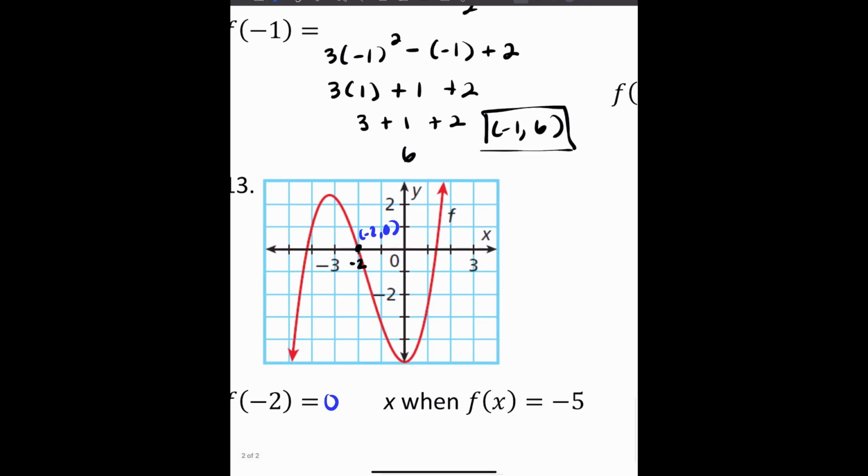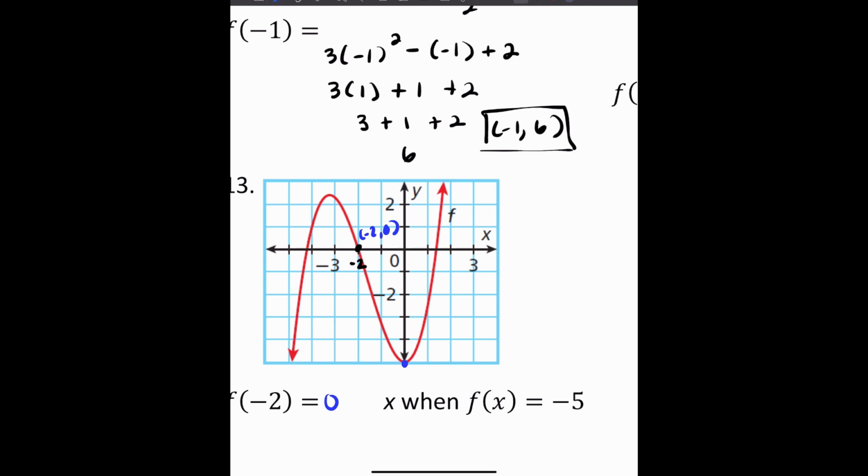And then our last problem for today. If y is -5, then what is the x value? So if I look, I can see that this is -2, -3, -4, and -5. So this is where -5 is located.